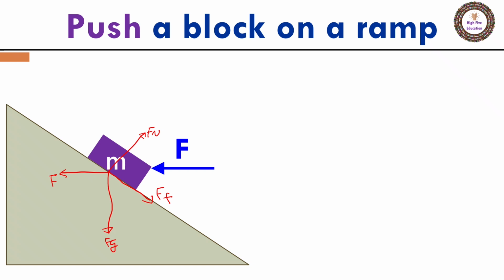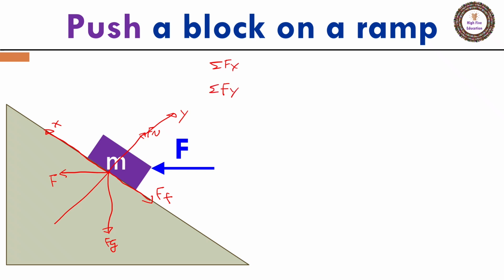So I can construct my coordinate system along the ramp direction. This is my positive x because I want to push the block up. And this is my y direction perpendicular to the ramp. So now I can get my net external force along both directions, sigma Fx and sigma Fy.